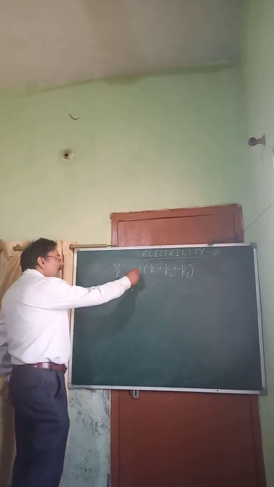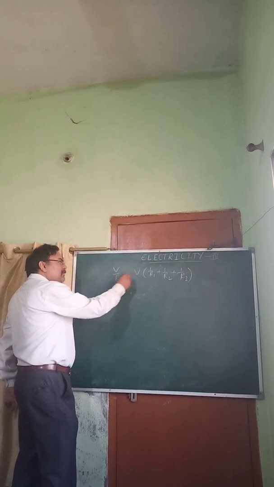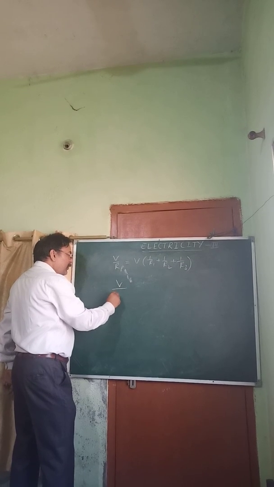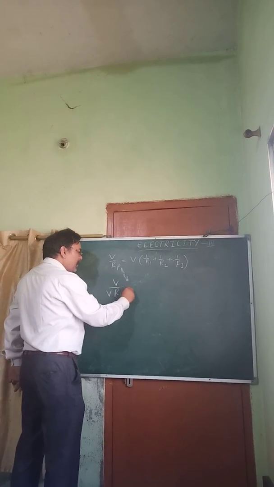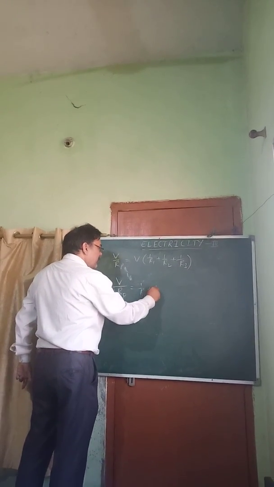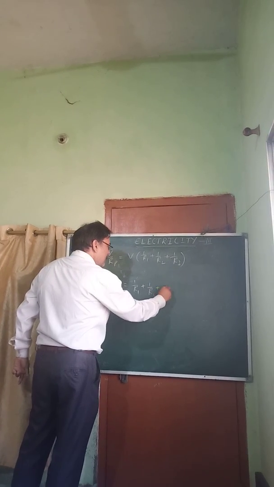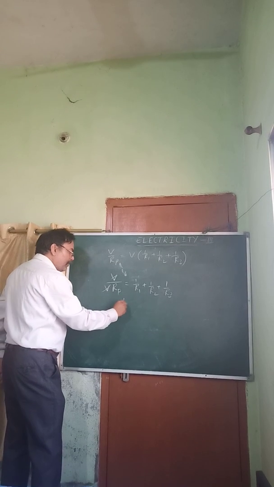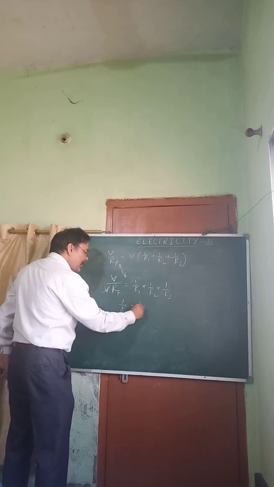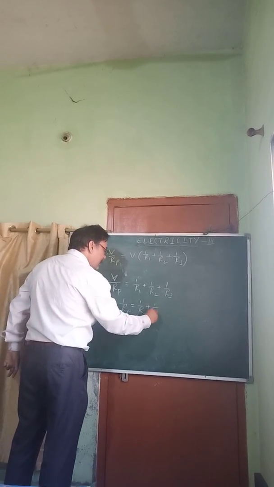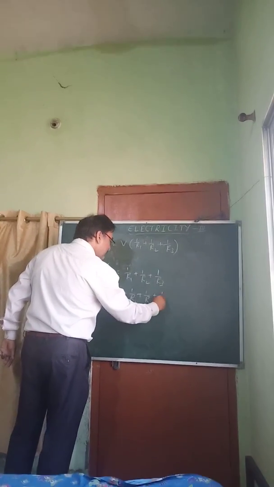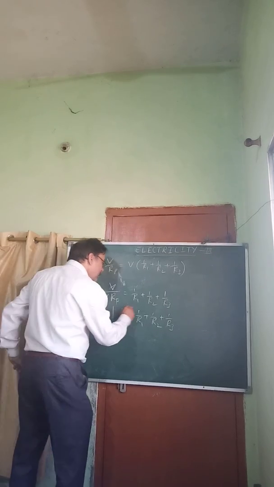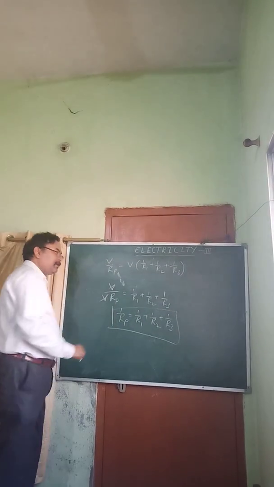And now, if we take this V this side, this V will get divided to the side, and we will get V upon V Rp is equals to 1 by R1 plus 1 by R2 plus 1 by R3. And this V will cancel out. So 1 by Rp is equals to 1 by R1 plus 1 by R2 plus 1 by R3. So this is the expression to find the equivalent resistance.